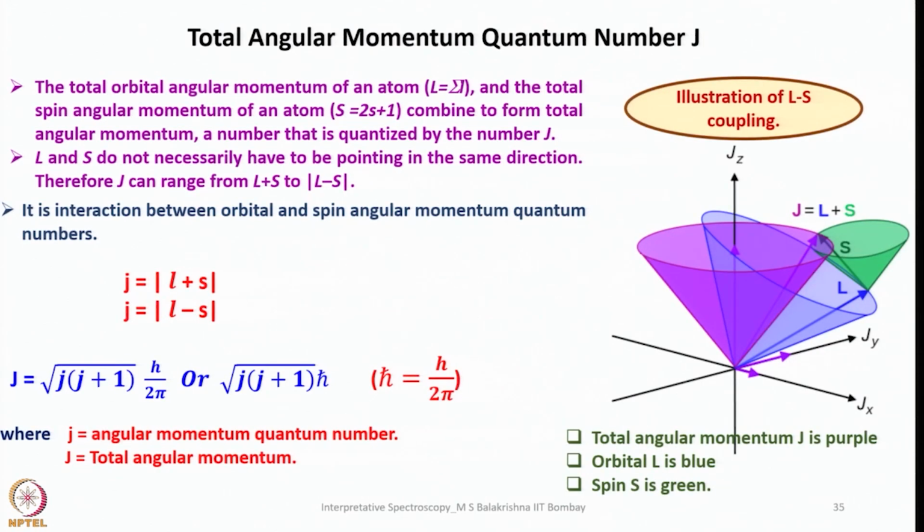So now let us look into the total angular momentum quantum number J. J is a combination of both spin motion and orbital motion.